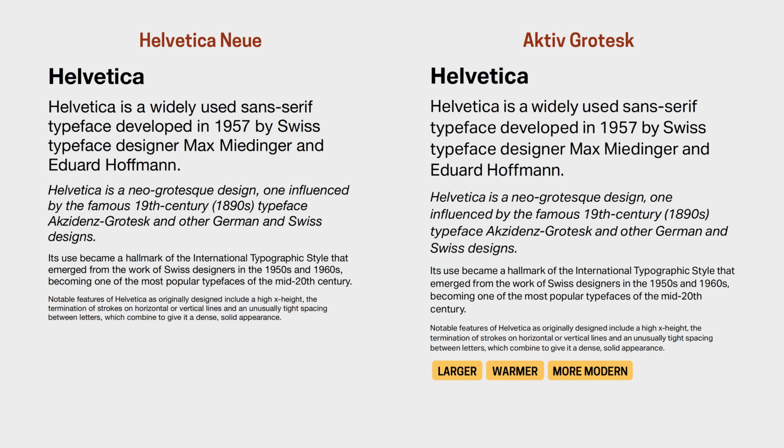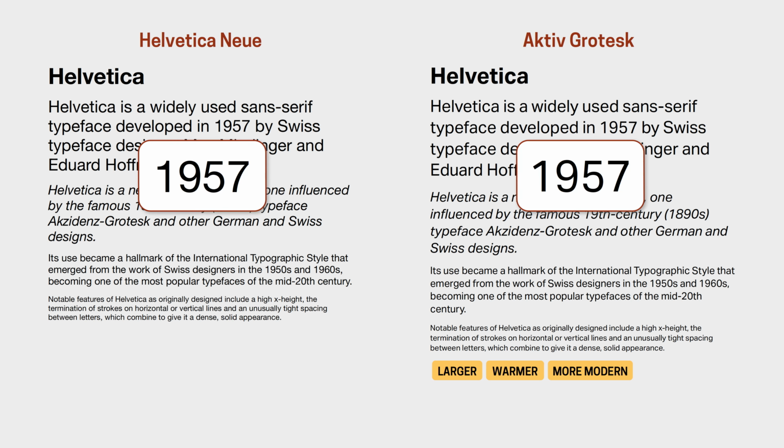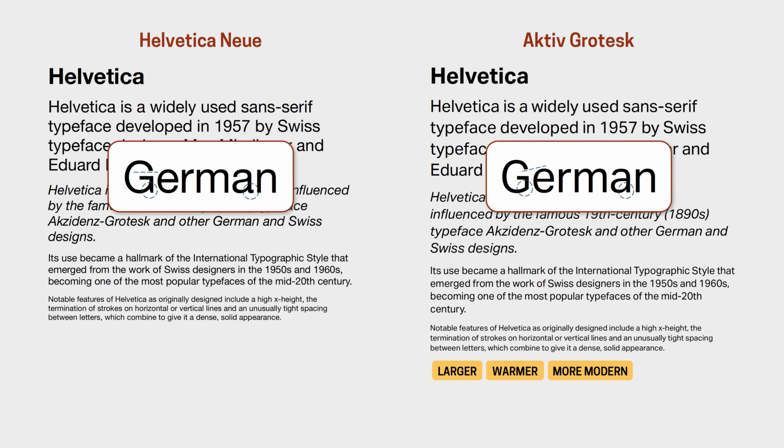It also feels warmer. Look at Aktiv Grotesk's 1957. This looks friendlier and less designed than Helvetica's. Aktiv Grotesk also feels more modern. The spur on the uppercase G has been smoothed out, for example, and the spur of the lowercase a points downwards, and some of the terminals, like on the uppercase G, are slightly angled.